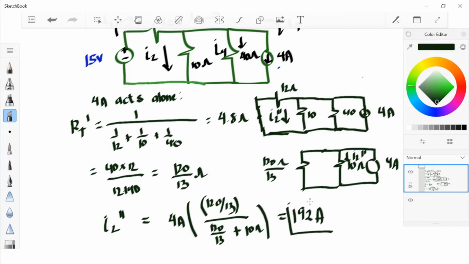So I2 double prime equals 1.92 amp. As you can see, it has a direction pointing downwards, meaning I2 prime, which we solved earlier, has the same direction as I2 double prime. Therefore, for the value of I2, we simply add algebraically I2 prime and I2 double prime.